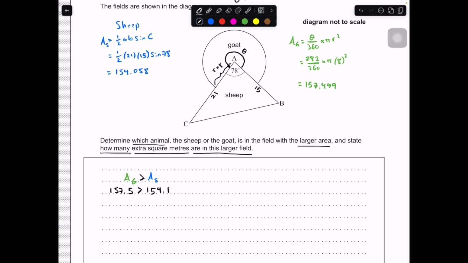And by how many extra square meters? That seems like a pretty straightforward calculation. That's just going to be area of the goat minus area of the sheep.